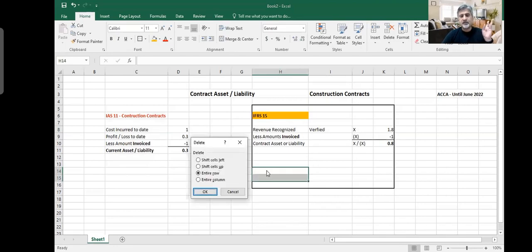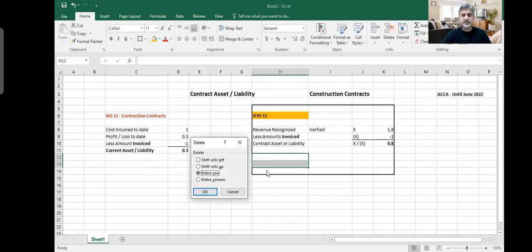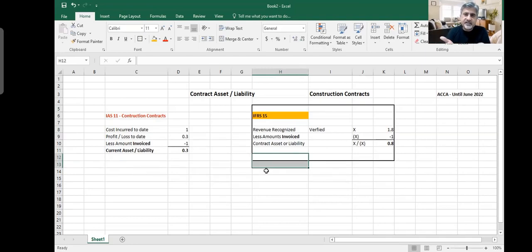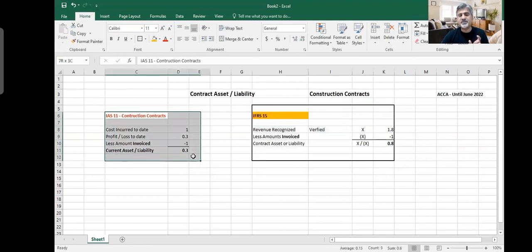Number one, this is the correct way of doing it. Number two, it is easy to calculate. And number three, when you see your books and practice kits, you will see this method. So you will understand it, and ACCA will also give marks to this method.